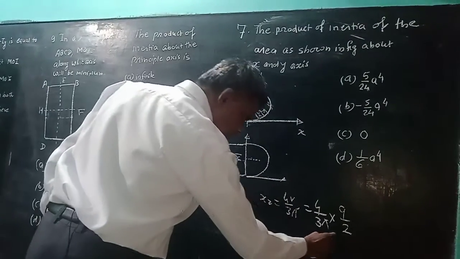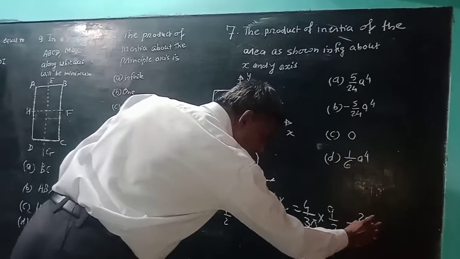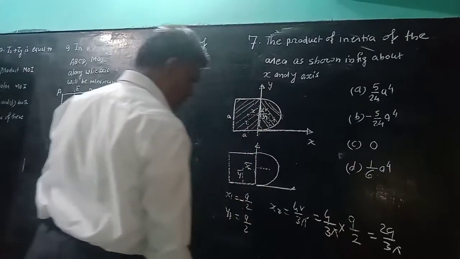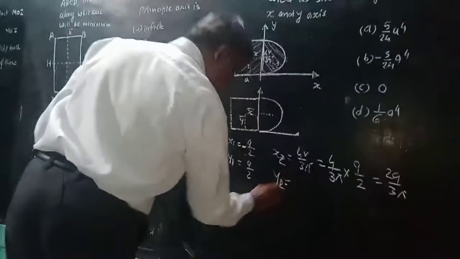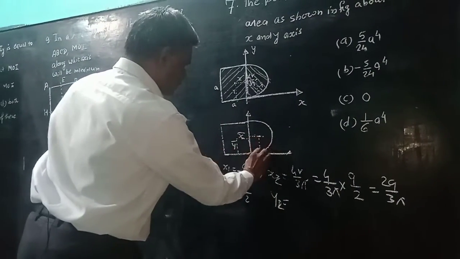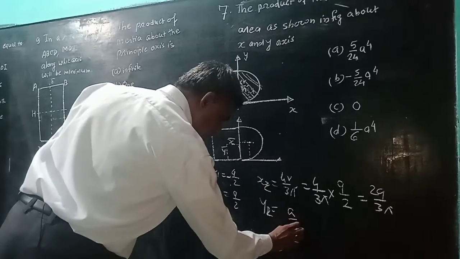So it means 4a upon 3 pi... 2 into 4 cancels, so this is equal to 2a upon 3 pi. And y2 is the centroidal distance from this to this. This is equal to a by 2.